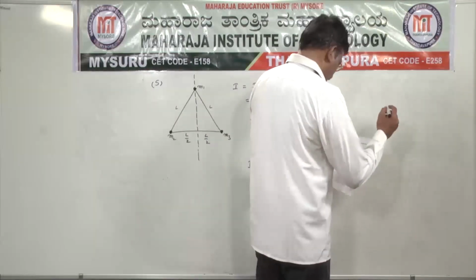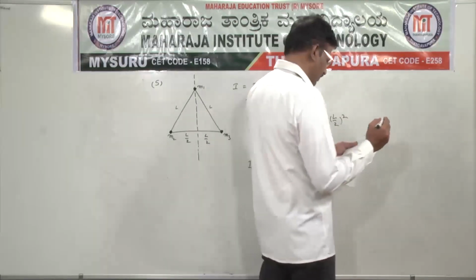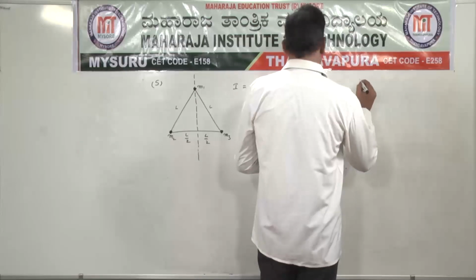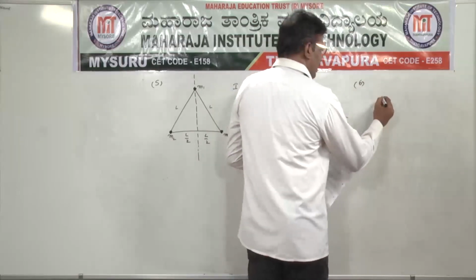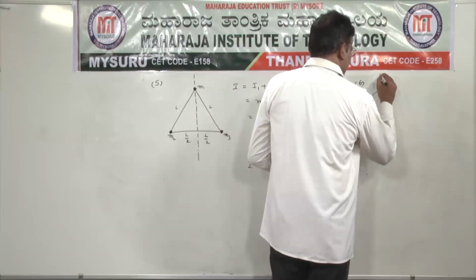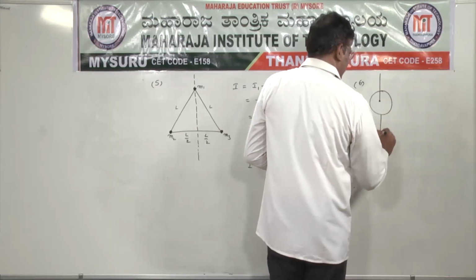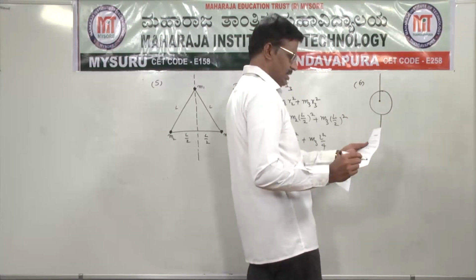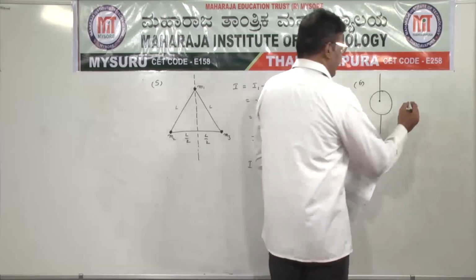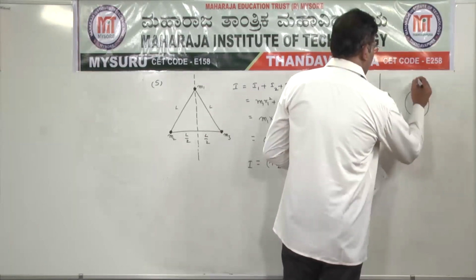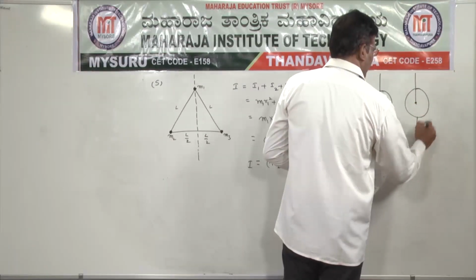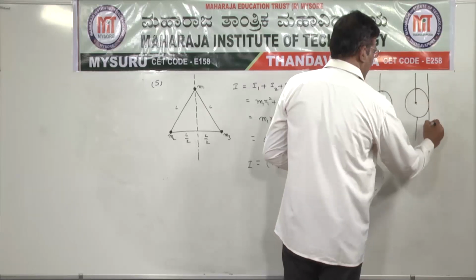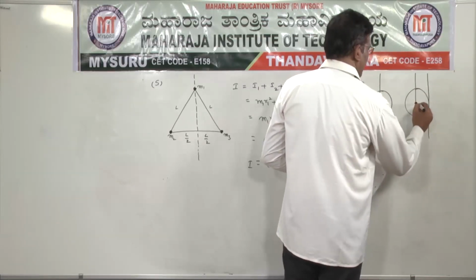So in this question, a moment of inertia of a circular disc, question number 6. Observe the diagram, a diagram is given in the question. First diagram, axis passing through the center and perpendicular to the plane, and a second diagram is given. Now we want to find out the moment of inertia about the tangent parallel to the given axis. This is the diagram.